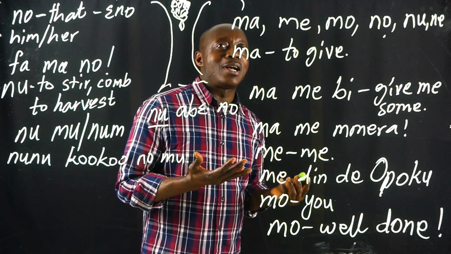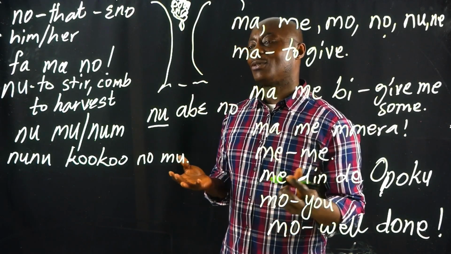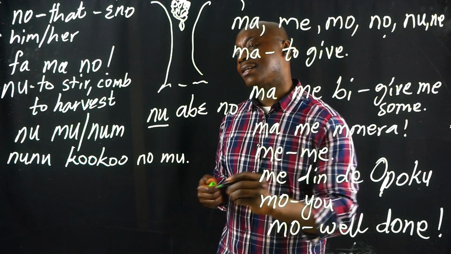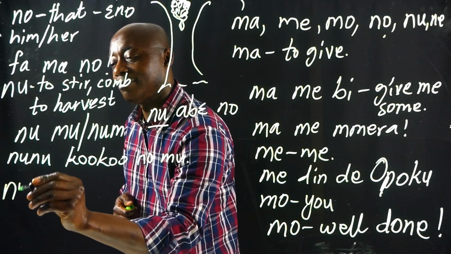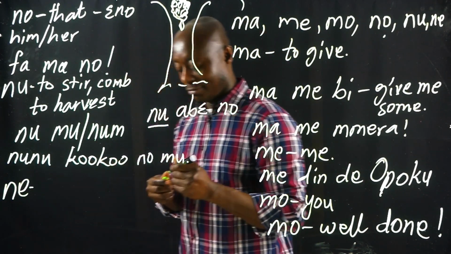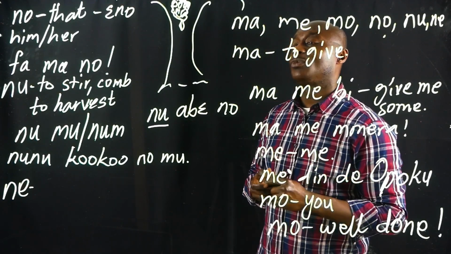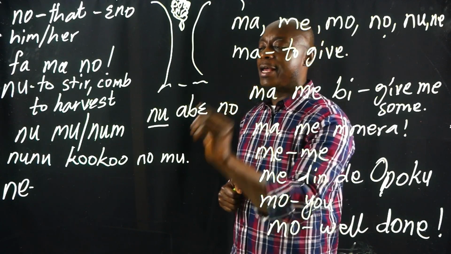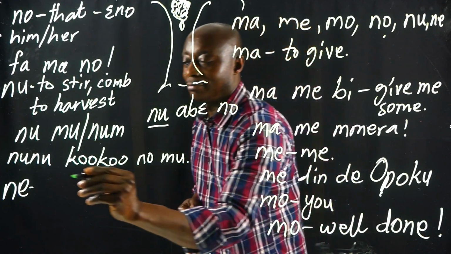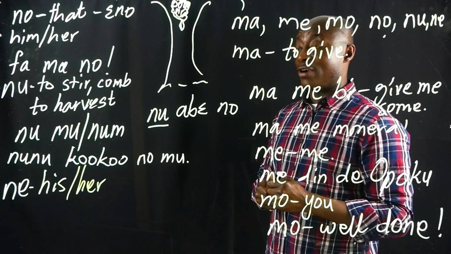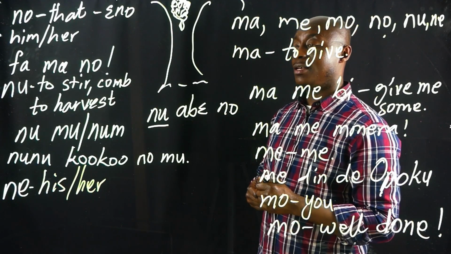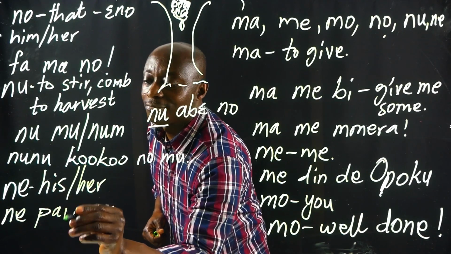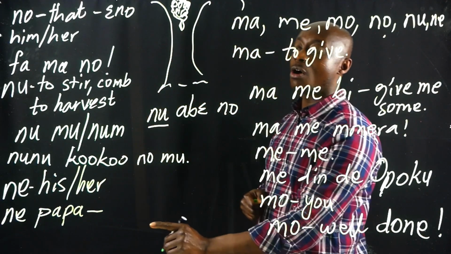Our last vocabulary that we will also learn as far as this lesson is concerned is ne. What does that mean? Ne could mean his or her. For example, if we say ne papa, it means what?